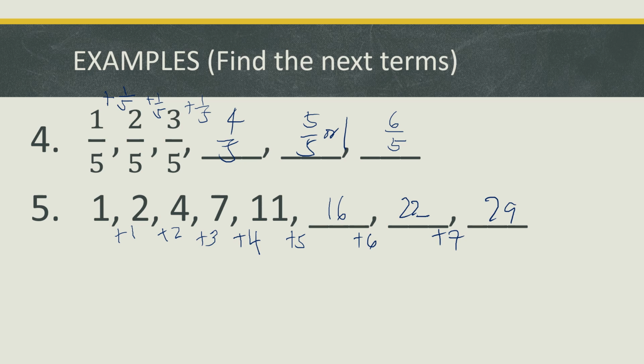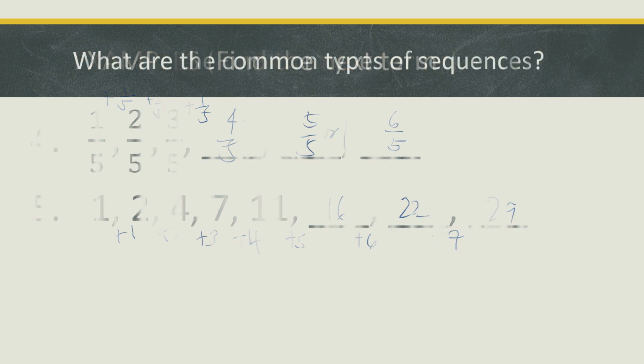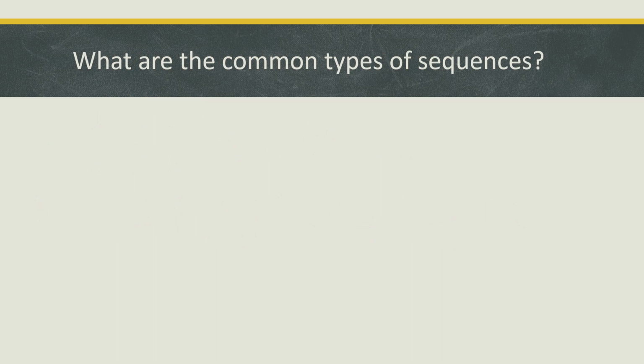Alright? So doon sa sequence natin, iba't iba yung pattern na pwede nating magamit. That's why we have different types of sequences. And these are the common types of sequences. We have what we call the arithmetic sequence, which is a sequence with a common difference.